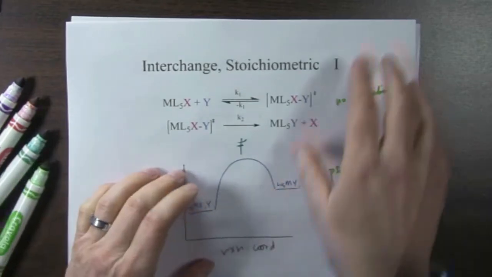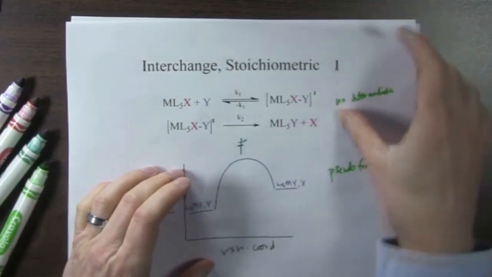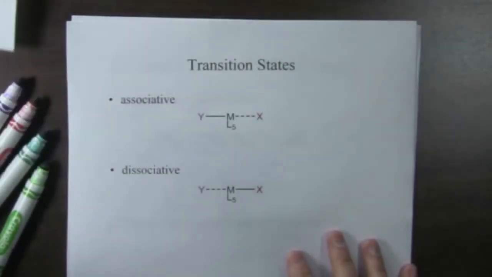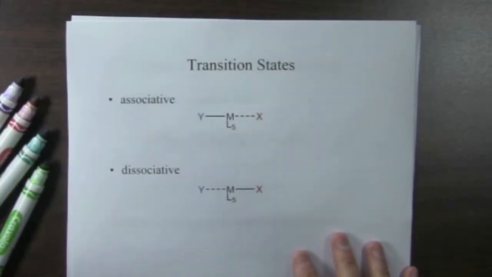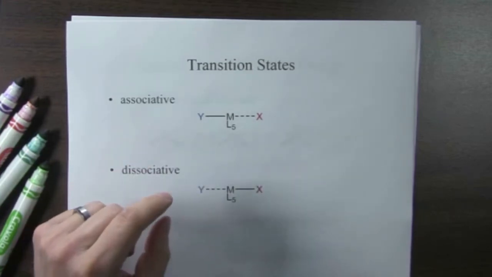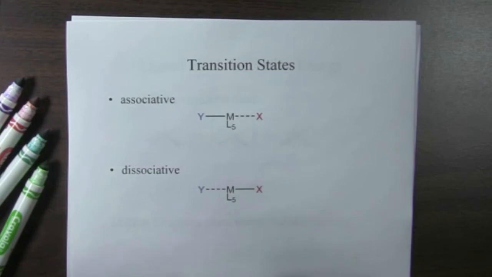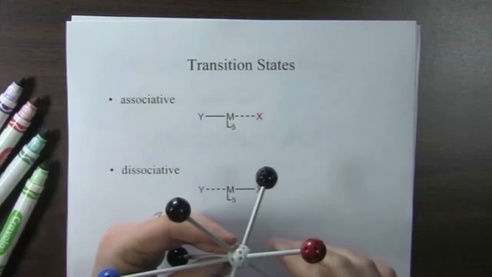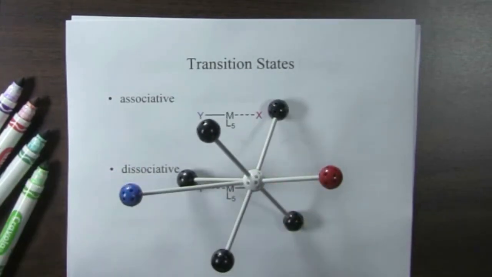So what distinguishes the types of interchange reactions? You could have either an associative transition state or a dissociative transition state. So in the associative transition state, metal-ligand bond forming is going to precede bond breaking.